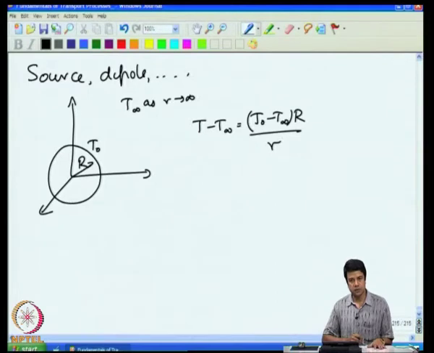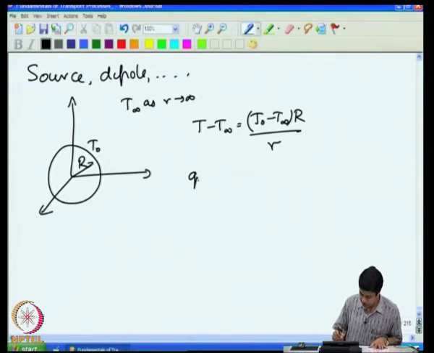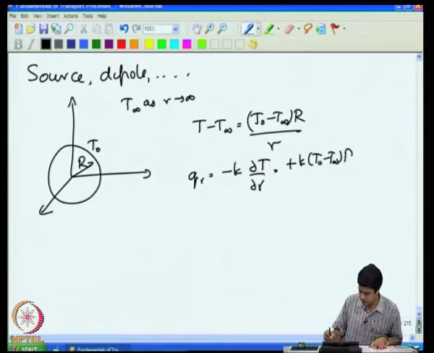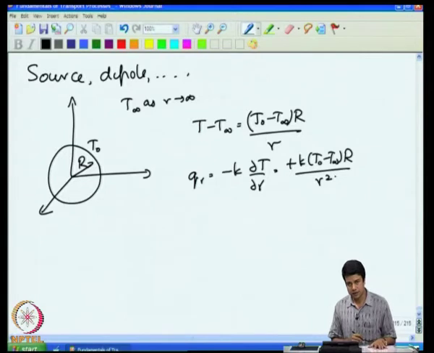This was the solution we got for the temperature field. The heat flux q r is equal to minus k partial T by partial r, which is plus k into T naught minus T infinity into r by r square. This is the heat flux coming out of the surface.